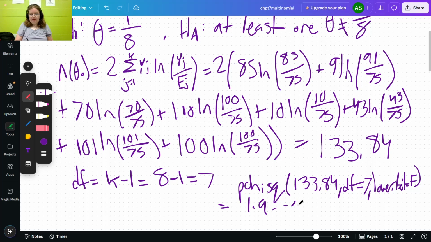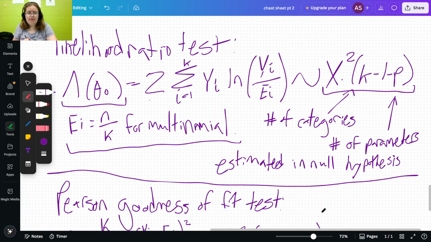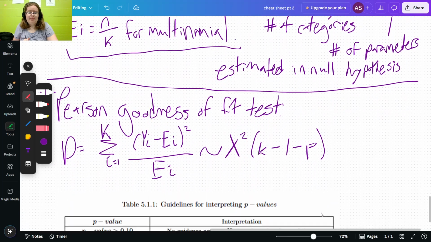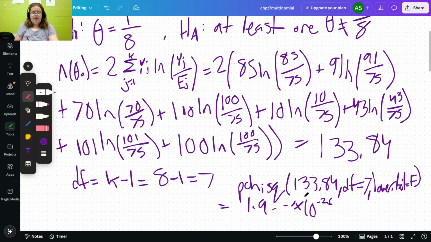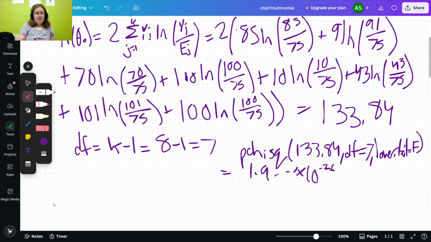So I don't even need to look at my chart. I've worked enough with my little chart to know what this is going to be, but I'll just look at it for the sake of it. So clearly, we fall into this category here, and this indicates that there is very strong evidence against H naught based on the observed data. So I can jump back over here.